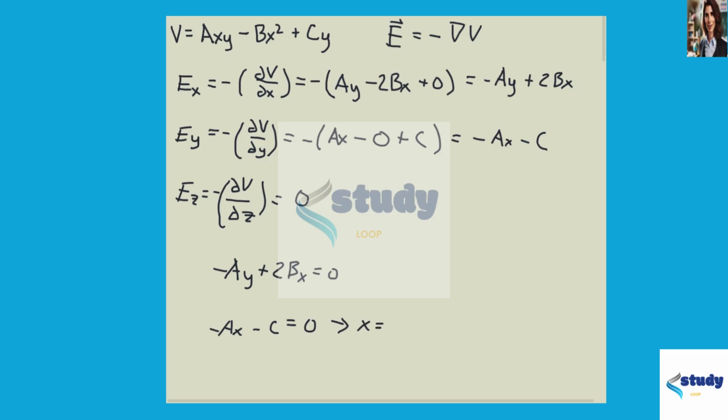We'll get minus c over a. And if we stick that into this expression here and solve for y, we'll have minus 2b c over a squared.